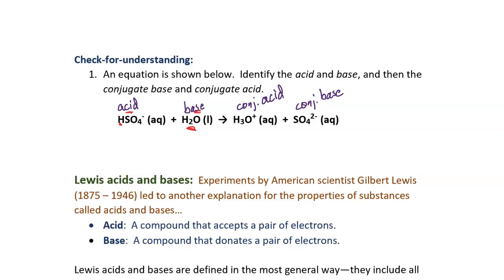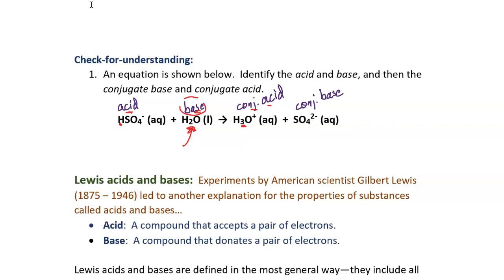Now on the other side of the arrow, you'll notice that the H3O positive formed from this base when it received that extra hydrogen. Now that it has an extra hydrogen, it could function as an acid because it might donate that extra hydrogen at some point in the future. This is the conjugate acid, meaning it's the acid that came from this base.